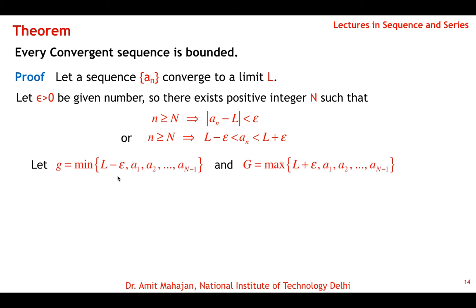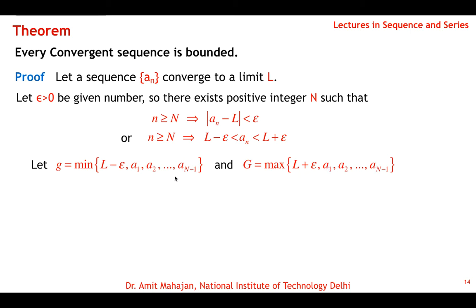So if we take g to be the minimum of a_1, a_2, and so on up to a_(N-1), and L minus epsilon, it covers all the elements of this sequence. Because L minus epsilon is less than all a_n for n greater than or equal to N, whichever is the minimum we call it g, and similarly capital G as the maximum of L plus epsilon and a_1, a_2, and so on up to a_(N-1).